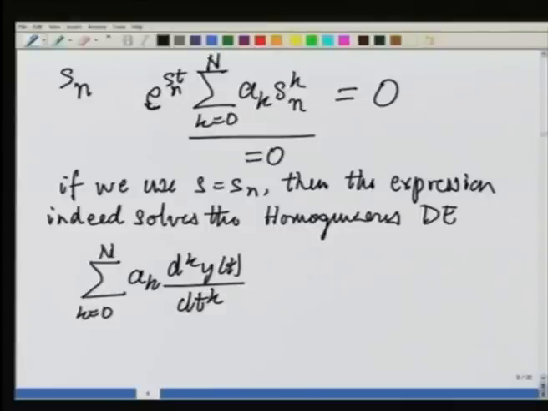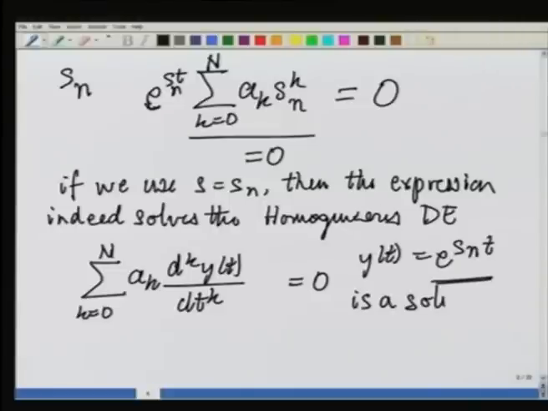When the right side is set to 0, then we know that if you use y t equals e to the power s n t, then this equation is indeed solved. So, e to the power s n t is a solution for the homogeneous equation.